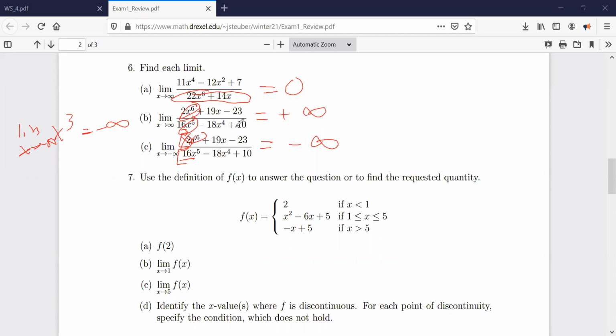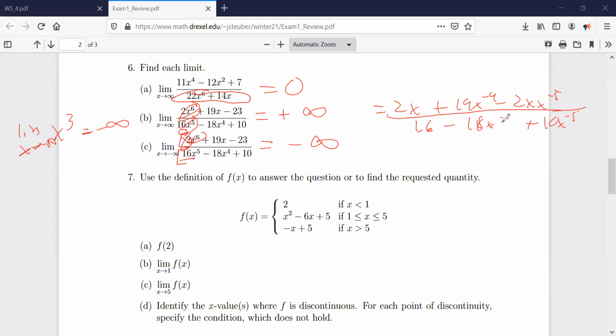But if you want to do this much more rigorously, you would divide through everything by x to the 5th, and then you would get that the top is equal to 2x plus 19x to the negative 4 minus x to the negative 5, over 16 minus 18x to the negative 1 plus 10x to the negative 5.